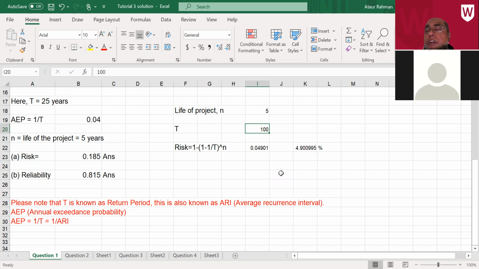If it is an important infrastructure you are designing and you are investing huge cost, then we have to increase this return period, return level, so that the risk is very low. If you consider a 1,000-year return period, then your risk becomes 0.5%.